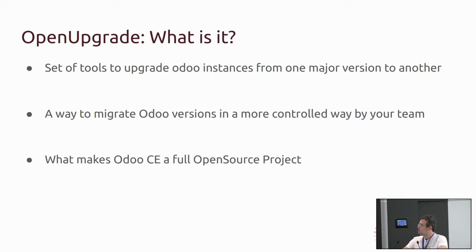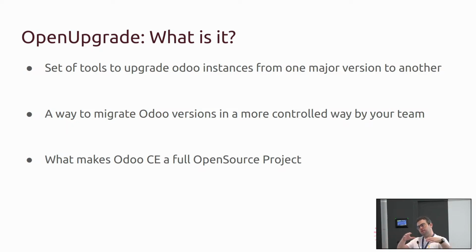Also, and I would like to be sure this is understood properly, in my opinion it's the only thing that makes Odoo Community Edition a full open source project. Odoo promotes that it is an open source project. It is true that Odoo 16 or Odoo 17 is open source because they have an open source license.